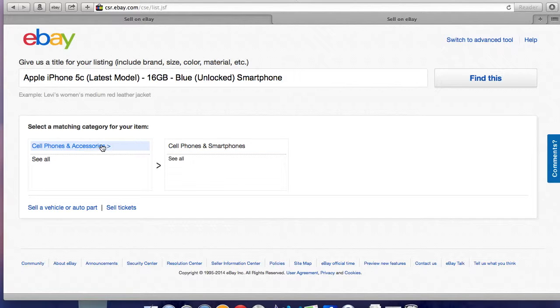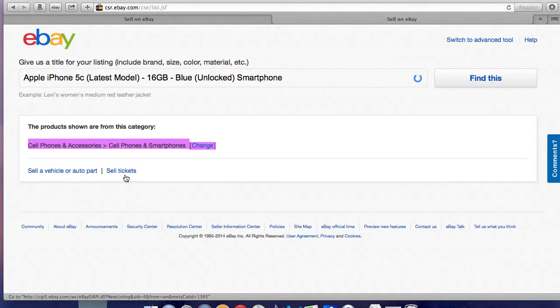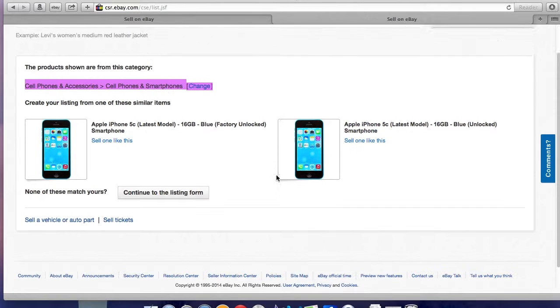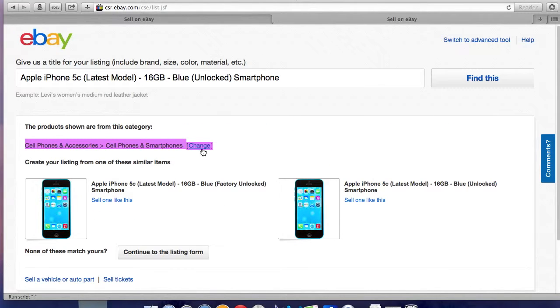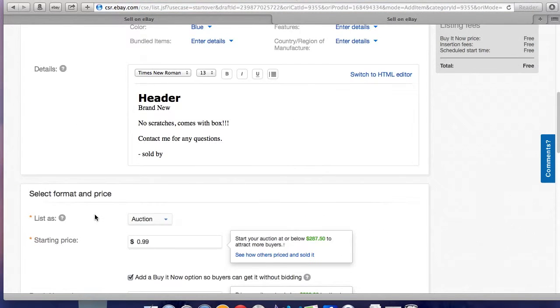It just depends. This is an example. It belongs there, but I can also put it somewhere else. Of course, it shouldn't be in cell phones and accessories. Oh yeah, it just can't be in accessories by itself.